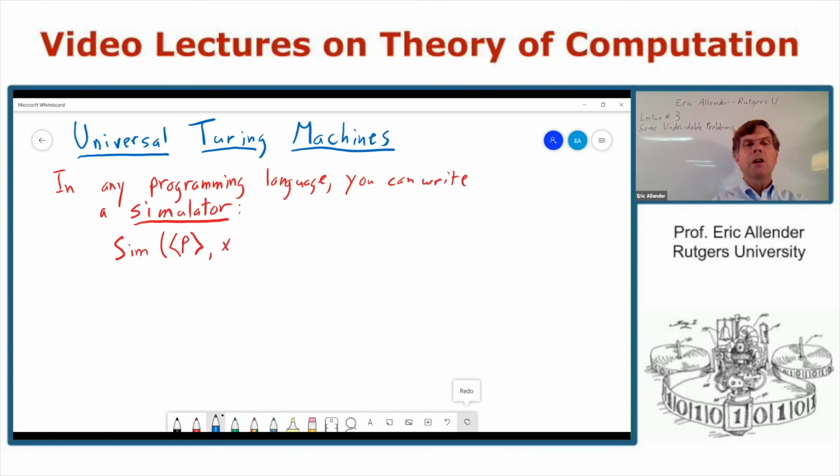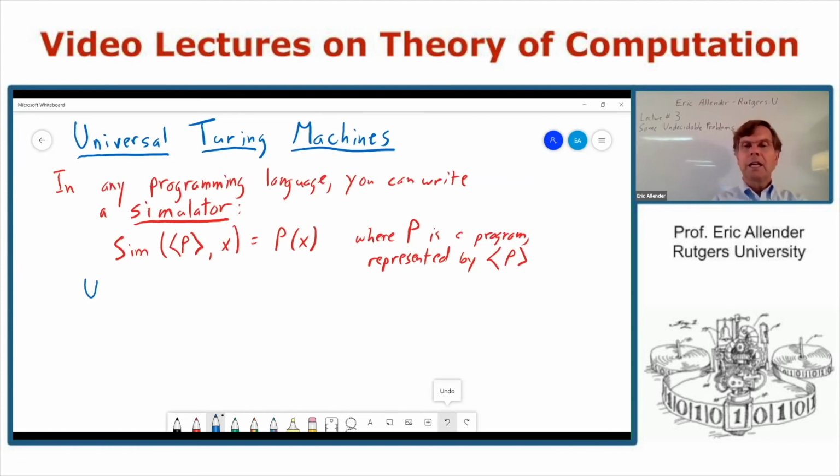It's a program, here I'm calling it sim, that takes as input the encoding of a program and some string X, and you run the program on X. So I'm using these angled brackets the same way that the textbook does to indicate that the bit string that represents a program is this P with angled brackets about it, and that differs only in a very slight way from the program itself or the function computed by that program.